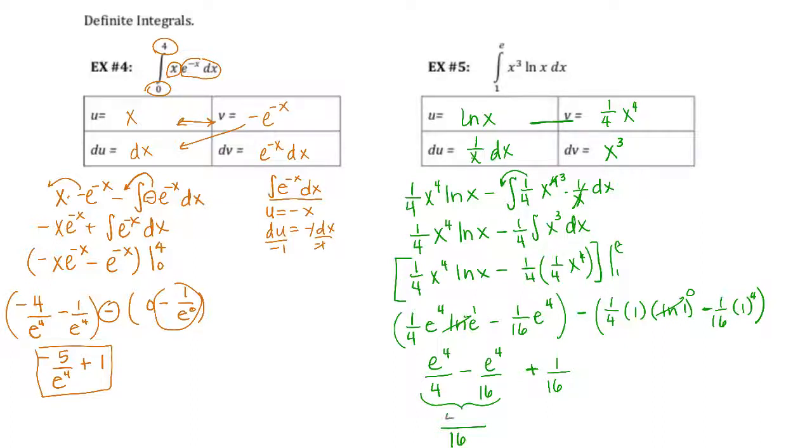So we're going to have 4e to the 4th minus e to the 4th. And if you go ahead and simplify that, that's going to give you 3e to the 4th over 16 plus 1 over 16. All right, so there's going to be your final answer.